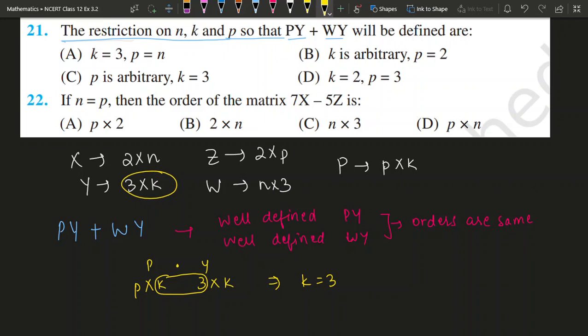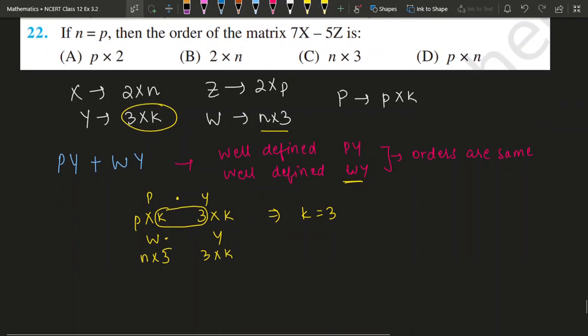And then you have to ensure a well-defined W times Y. So Y is still the same, 3 cross k, and the matrix W is n cross 3. So now you see that both of the inner numbers are the same, so there is no restriction as such.